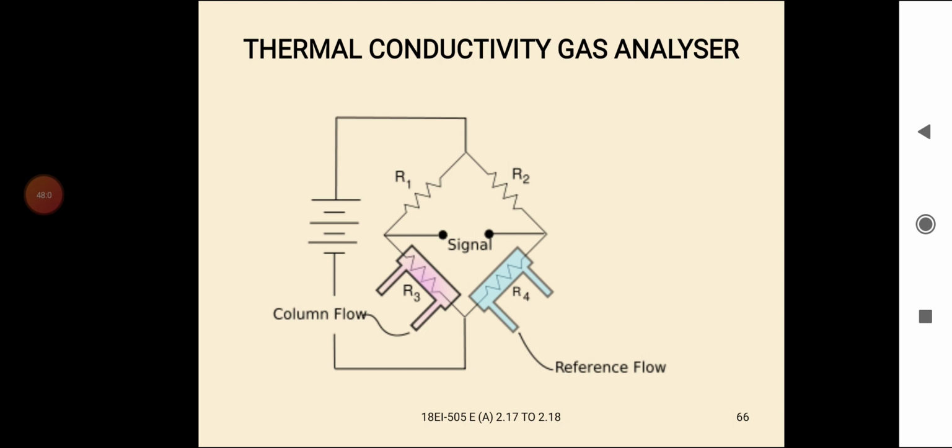When resistor R3 is cooled down, the bridge is unbalanced. This unbalanced bridge circuit causes a potential to be developed. The potential is directly calibrated in terms of the concentration of the sample using the thermal conductivity principle.